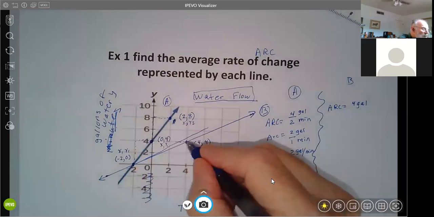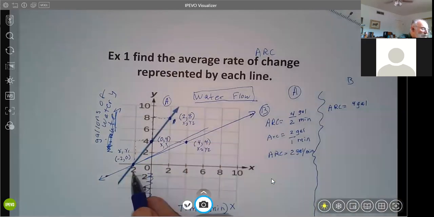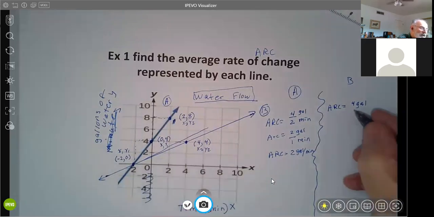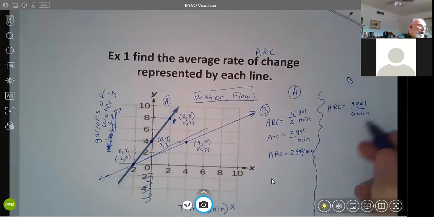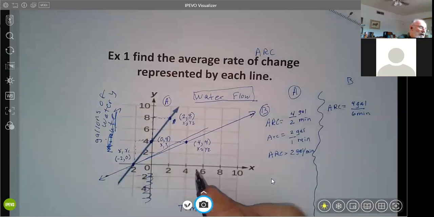My run is from where x is -2 to where x is 4. So if you take the absolute value of that, that's 2, 4, 6 units. So that would be 6 minutes. Okay, so you have to keep those positive when you're doing this kind of thing, right?